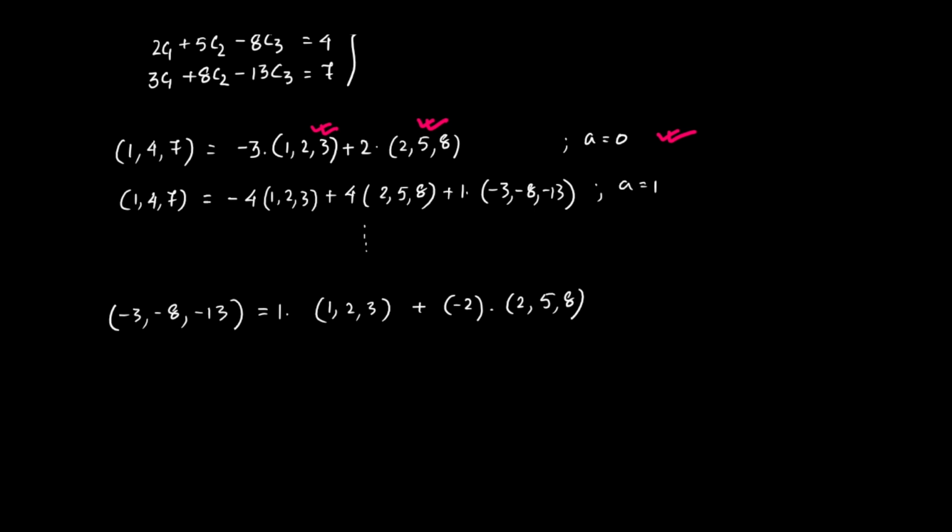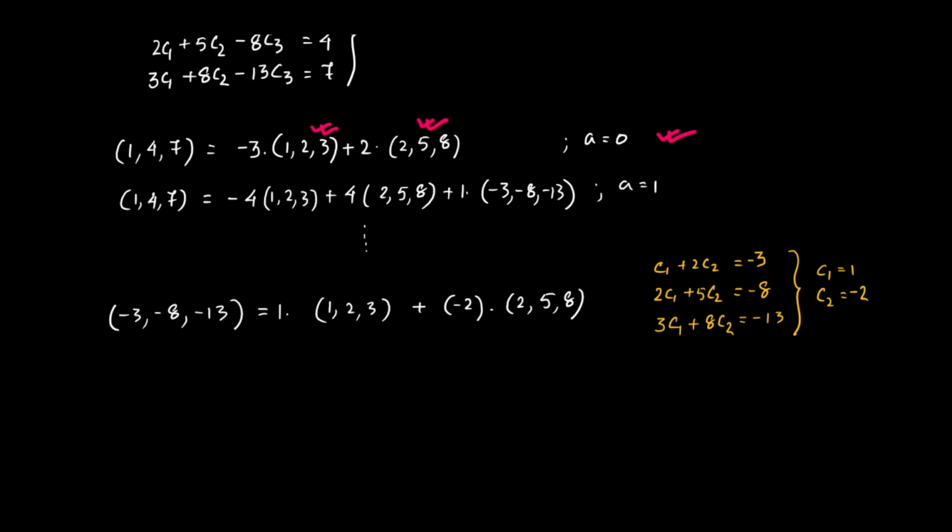I actually solved the system C1 plus 2C2 equals minus 3, 2C1 plus 5C2 is equal to minus 8, and 3C1 plus 8C2 is equal to minus 13. I solved this system by using the Gaussian elimination algorithm, and I got as a solution C1 is equal to 1 and C2 is equal to minus 2. So you can see that I have exactly represented minus 3, minus 8, minus 13 as a linear combination of the two vectors (1, 2, 3) and (2, 5, 8) in this way.